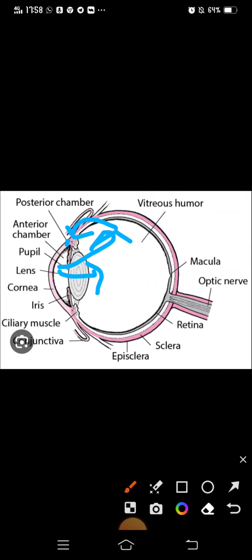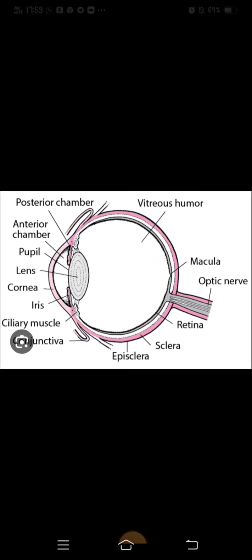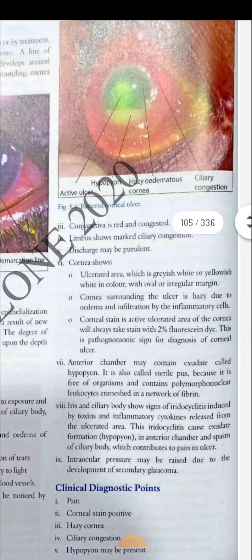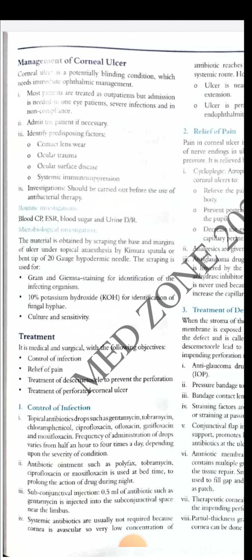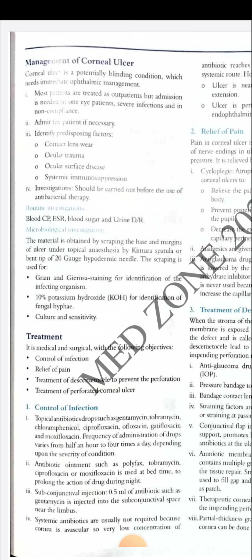But whenever this iridocorneal angle is blocked, that canal is also blocked, aqueous humor drainage would not occur, and there would be raised intraocular pressure. So all these signs you would see in your patient. So the clinical diagnostic points are pain, corneal stain positive, hazy cornea, ciliary congestion, and hypopyon may be present, as we have talked about all of these things.